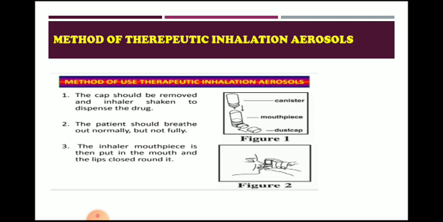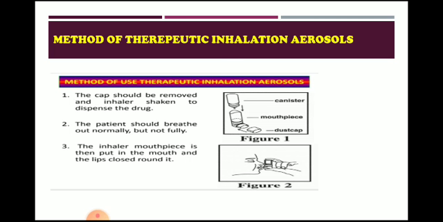Method of therapeutic inhalation of the aerosol: as we see in figures 1 and 2, there is a canister, mouthpiece, and dust cap. First of all, we have to remove the cap and shake the inhaler to dispense the drug.